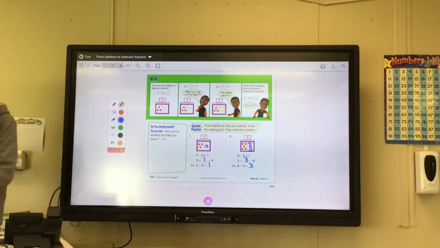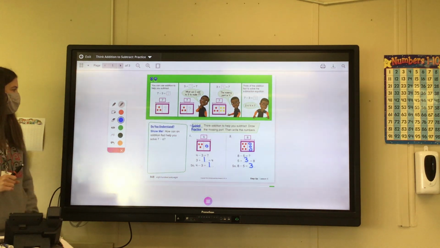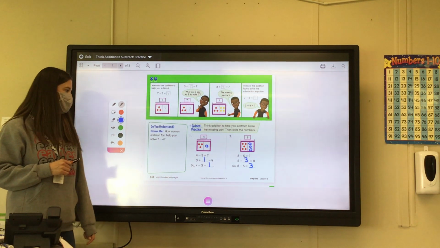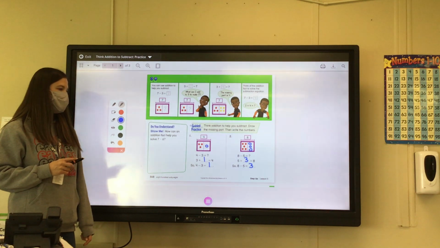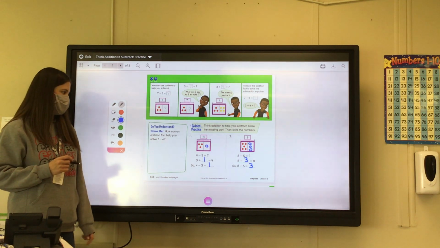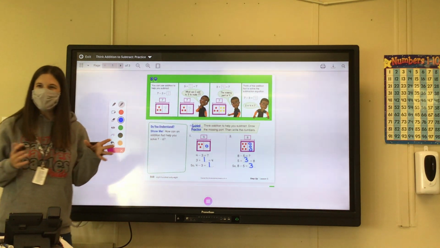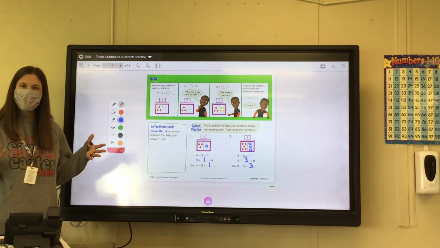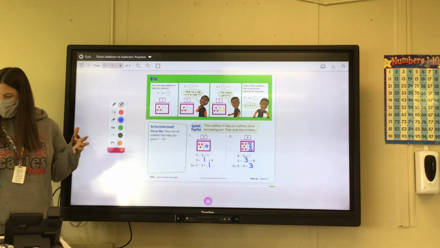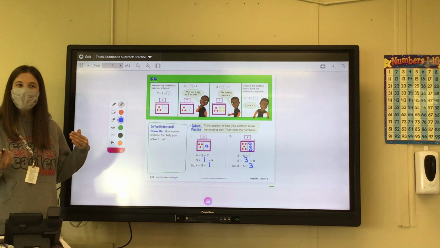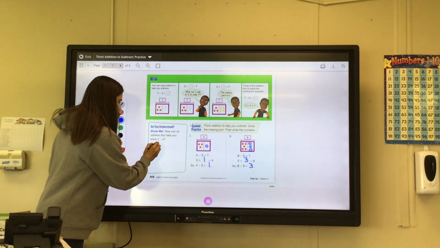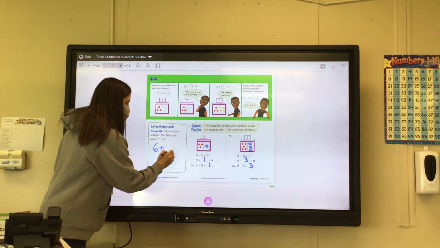Okay, now we can come over to how can an addition fact help you solve 7 minus 6? If we know that 6 plus what equals 7?